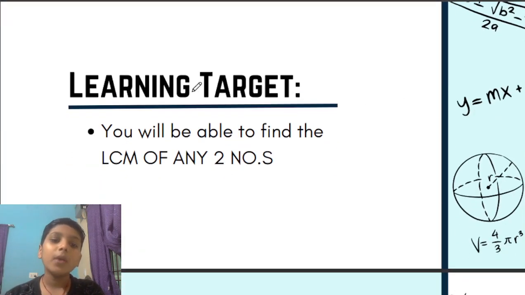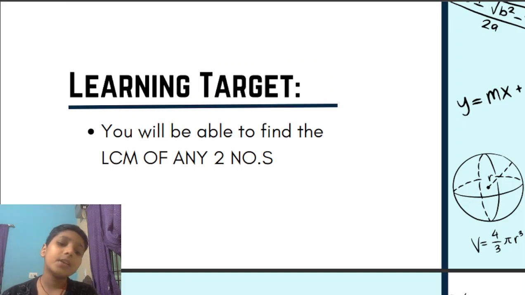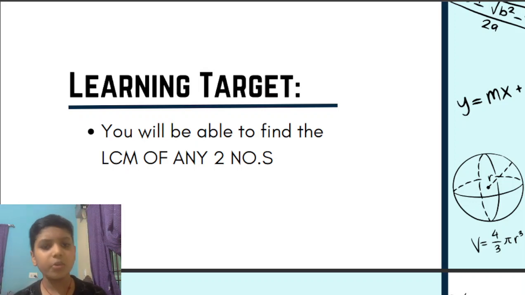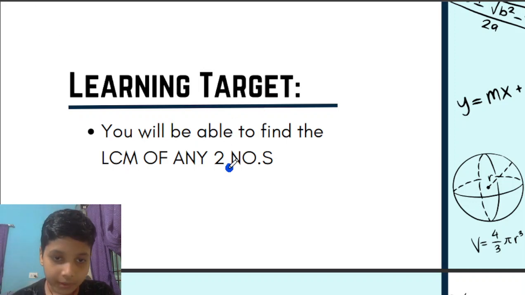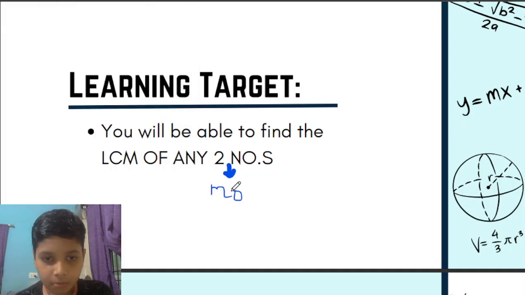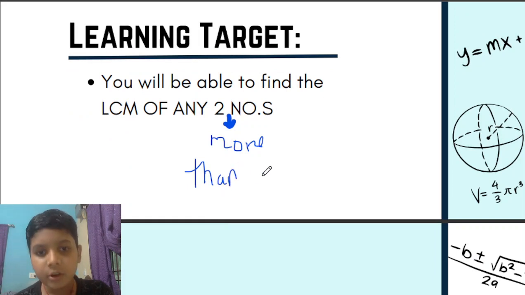So basically, what is going to be our learning target for today's video? Our target is that you must be able to find the LCM of any two numbers, or you can say more than 2 as well.